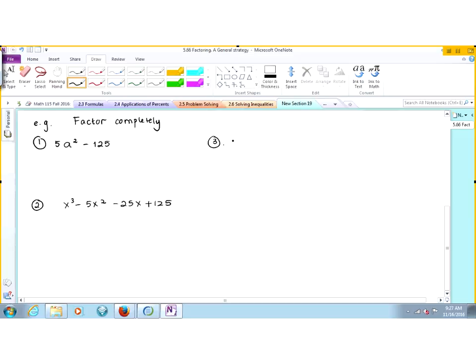Number 3, y squared plus 49 minus 14y. Number 4, 6y squared plus 18y minus 240. Number 5, let's see.